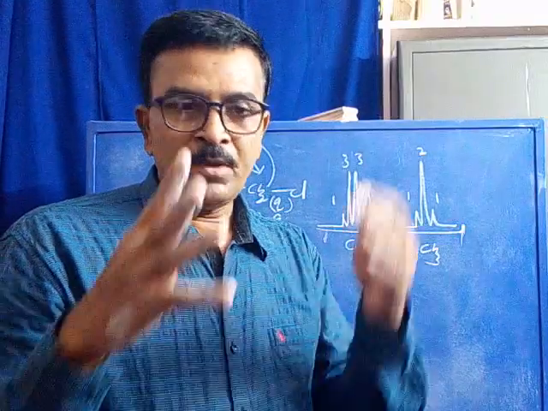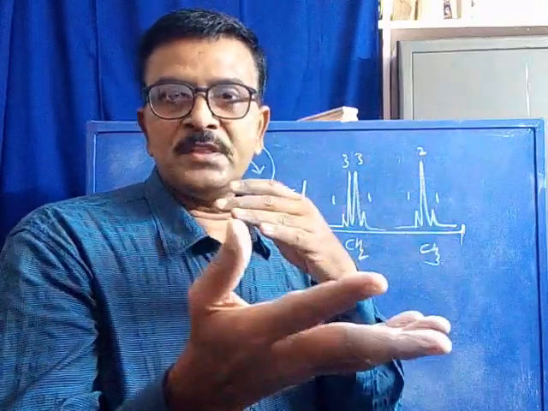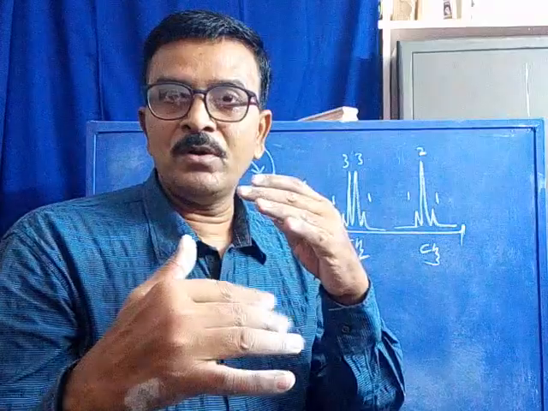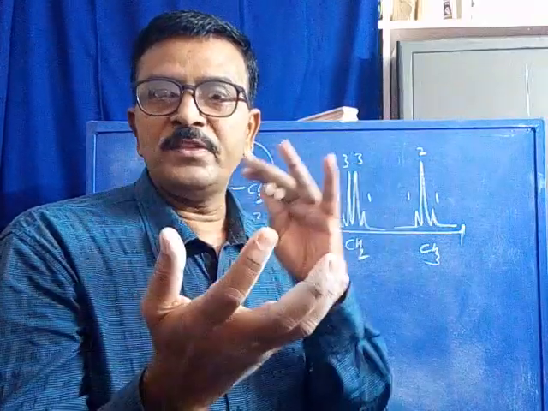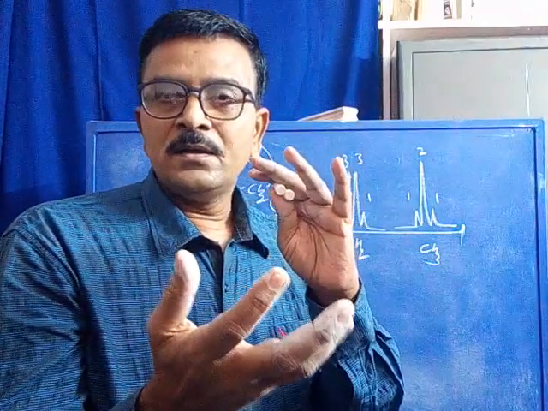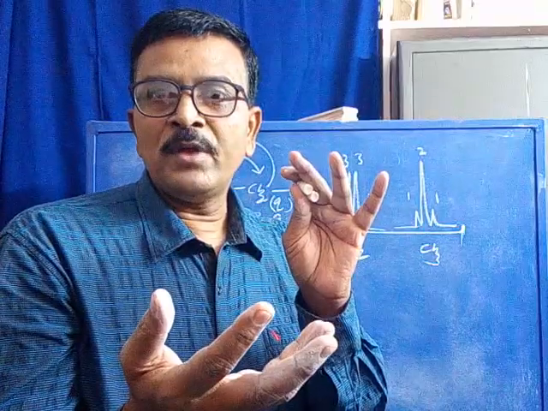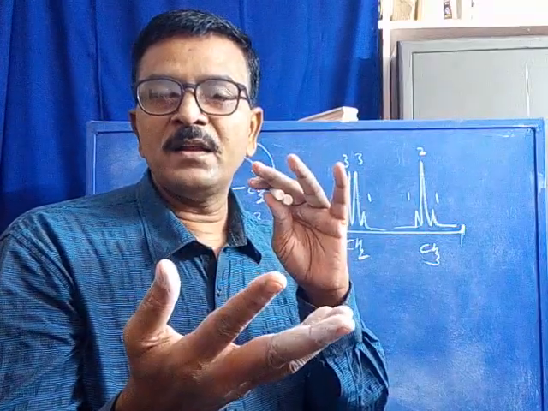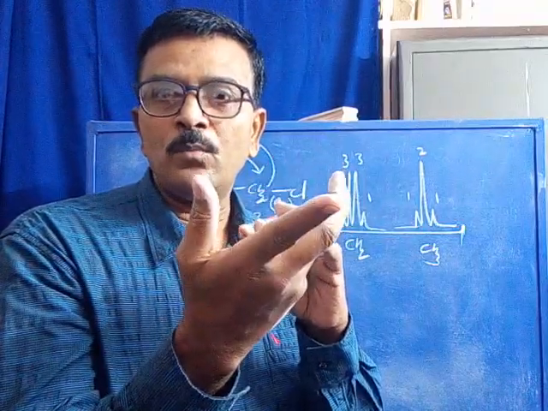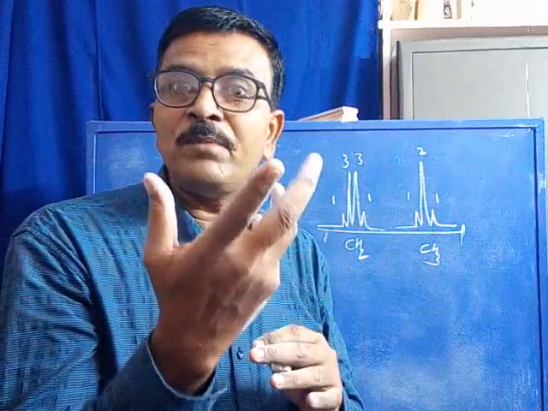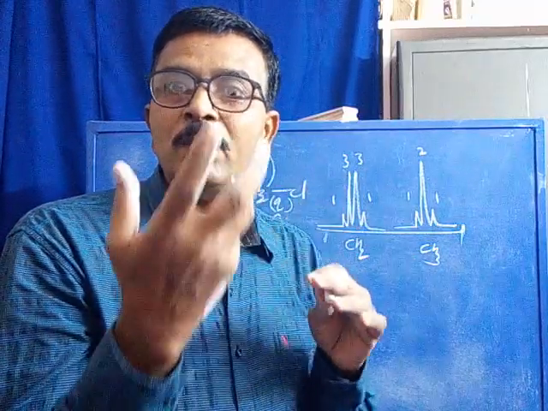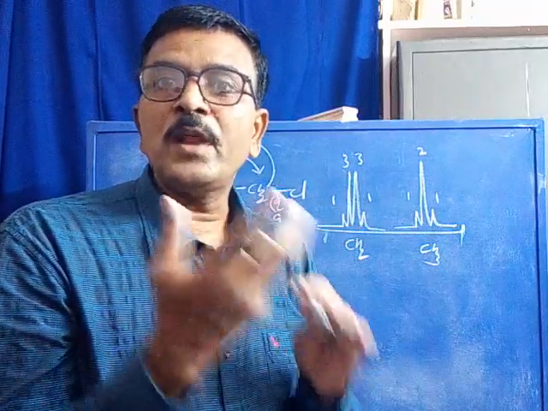Are you following? When a set of protons is coupled with its adjacent set, the signal is split into more than one line. The number of lines for a signal is given by the n plus 1 rule that we learned. What is the n plus 1 rule? Why must the signal appear according to the n plus 1 rule?